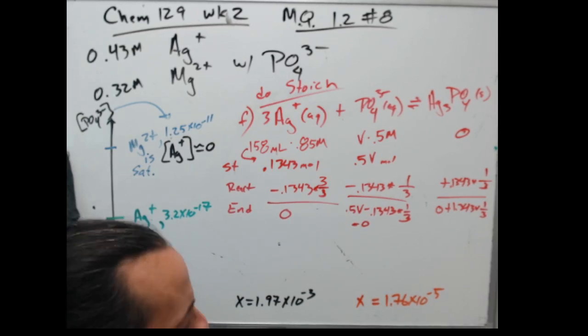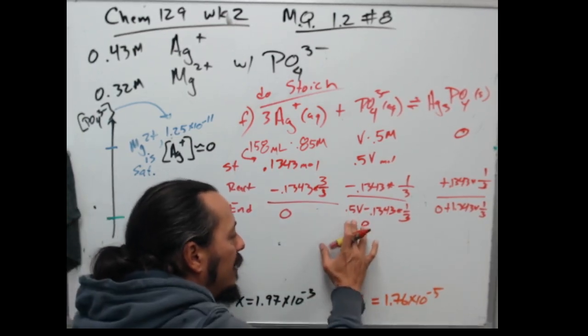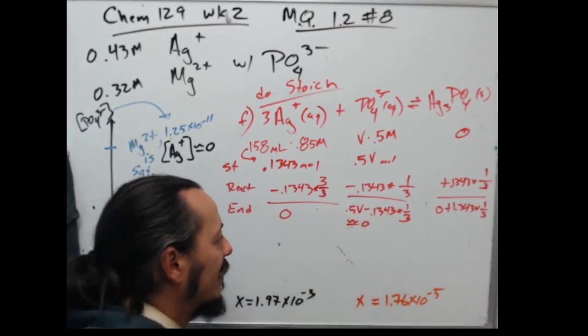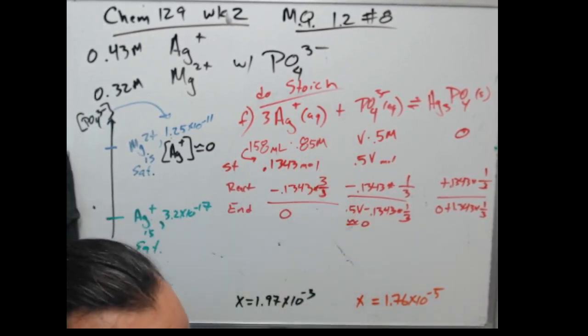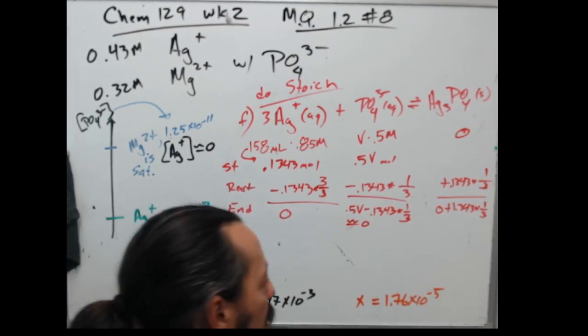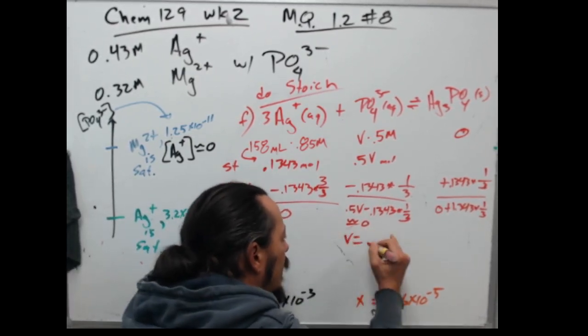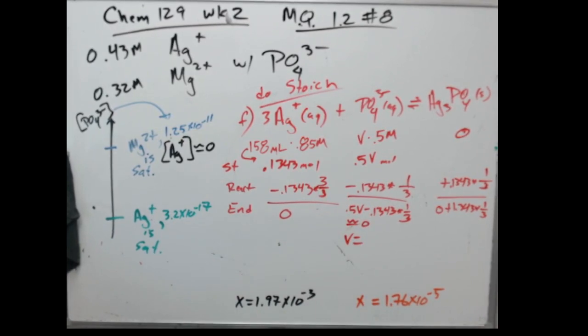We'll deal with fixing that bit in just a moment, but this is going to be approximately 0. The reason that's nice, if I'm doing this equal molar reaction, now I can solve for my volume, and I can figure out how much phosphate I would need to put in to react all of my silver. It's going to be 0.1343 divided by 3 divided by 0.5 times 1,000.